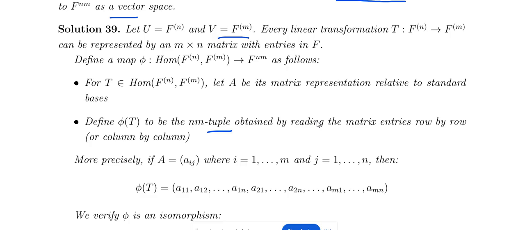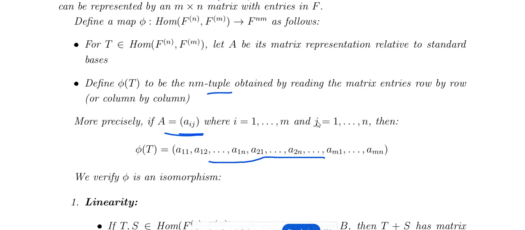So A equals (a_ij), with i equal to 1 to m and j equal to 1 to n, and pi of T is the nm-tuple defined like this.